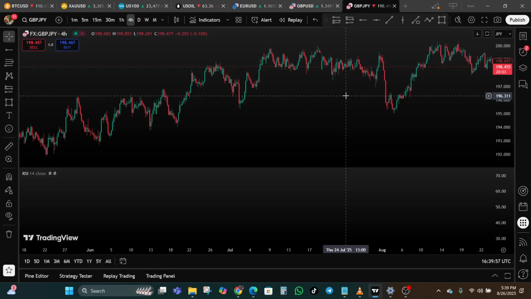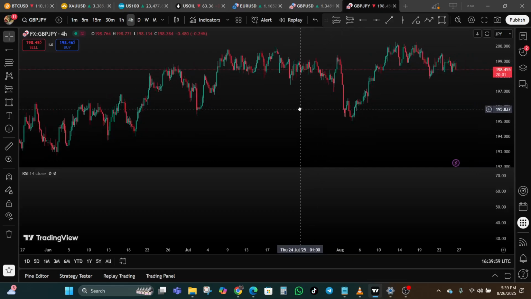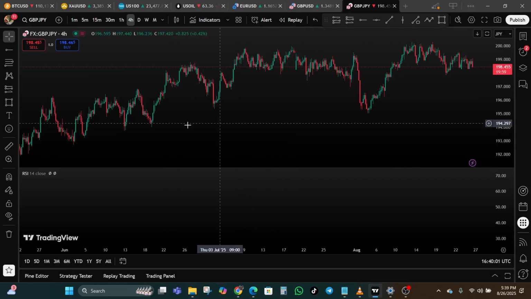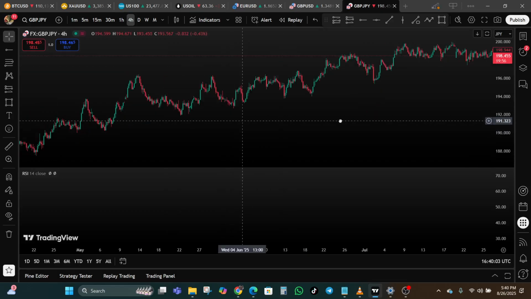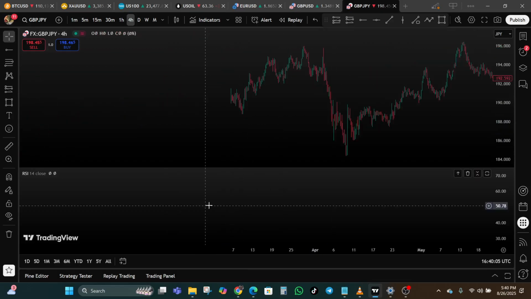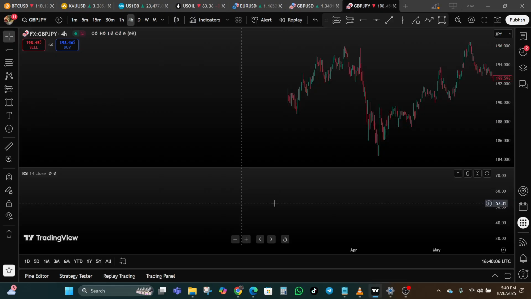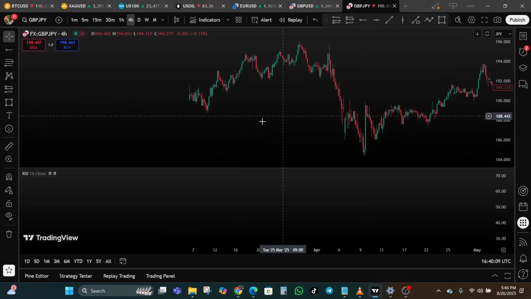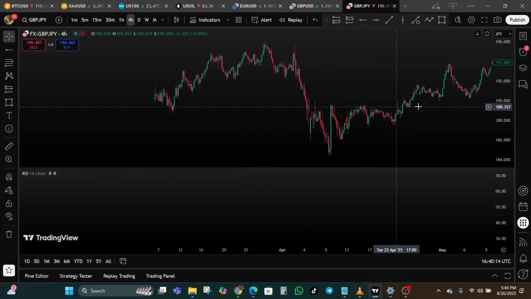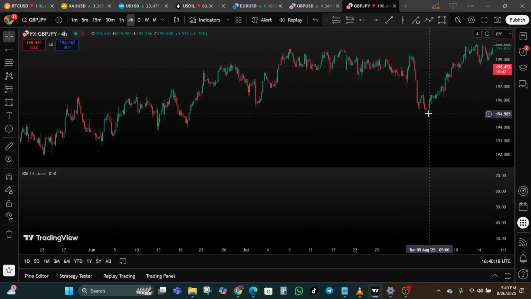The opposite, whereby price makes lower lows. Let me move forward. The RSI is still loading. Please pardon my network. So in a situation whereby we have price giving us lower lows, that's going to be a bearish trend. So you have a lower low, and then the RSI gives you a higher low.